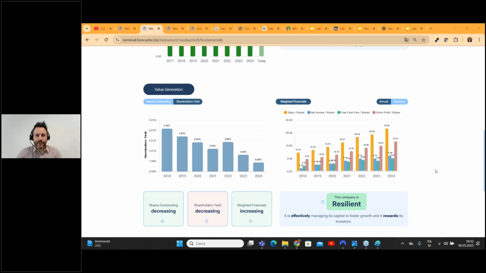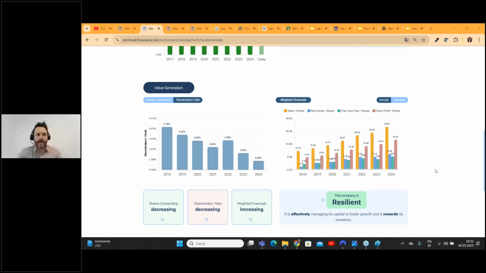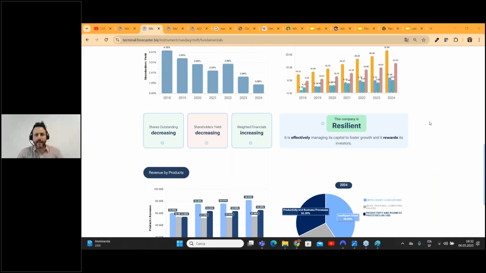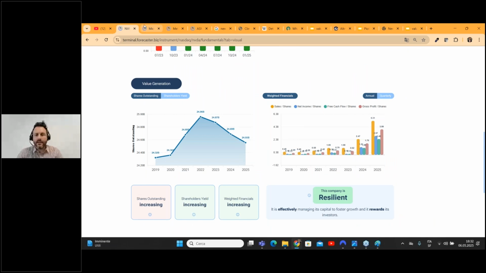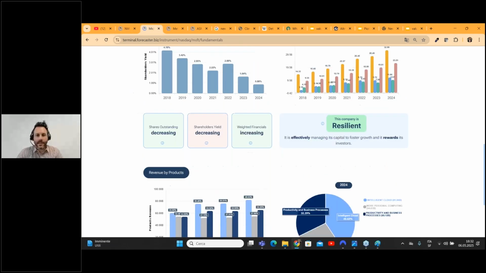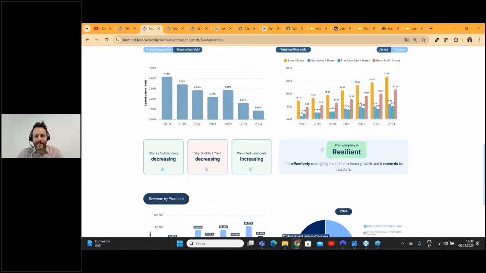And of course here you have a summary of all these ratios. In this case, you have a shareholder yield which is decreasing. So it's not the best situation, but of course, you have to go deeper in the analysis. Let's go, for example, here.